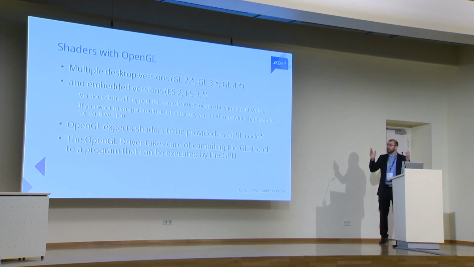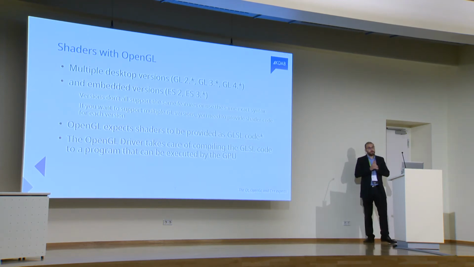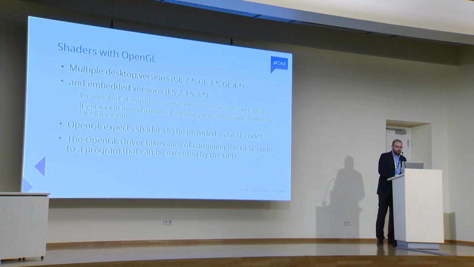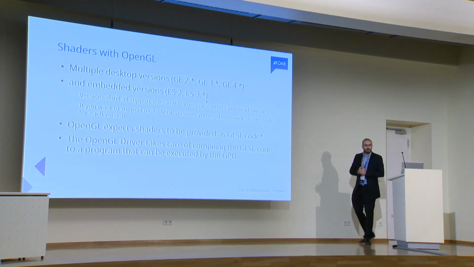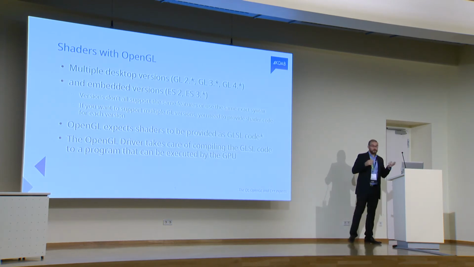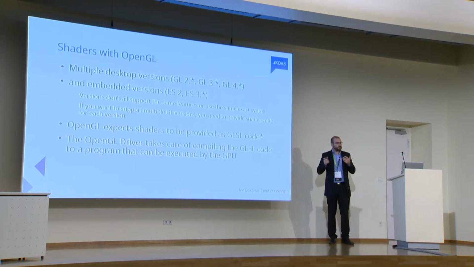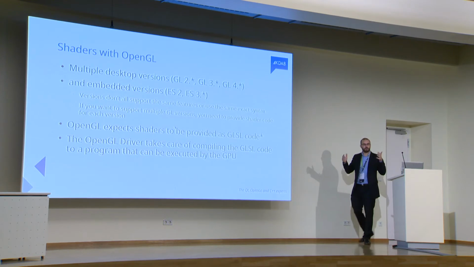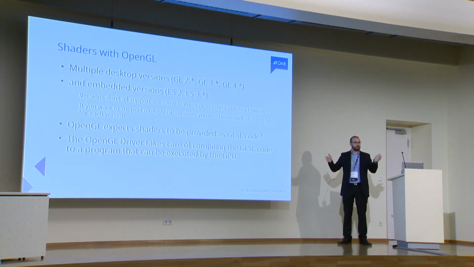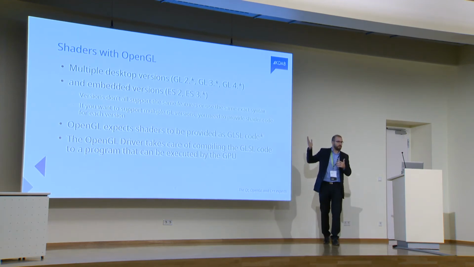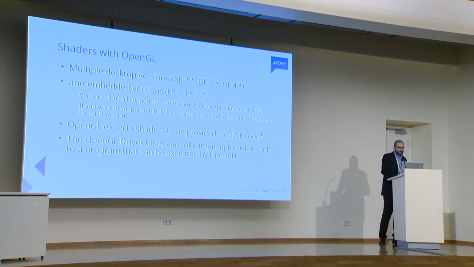Now, when we talk about shaders with OpenGL, there are a few issues. The bad thing in a way is that there are multiple OpenGL versions on desktop and on embedded. Each version allows you to do slightly different things and uses a slightly different syntax. So if you create an application and you want it to work on pretty much any OpenGL capable desktop in the world, you need to provide a shader for pretty much all of these versions, which is not great.